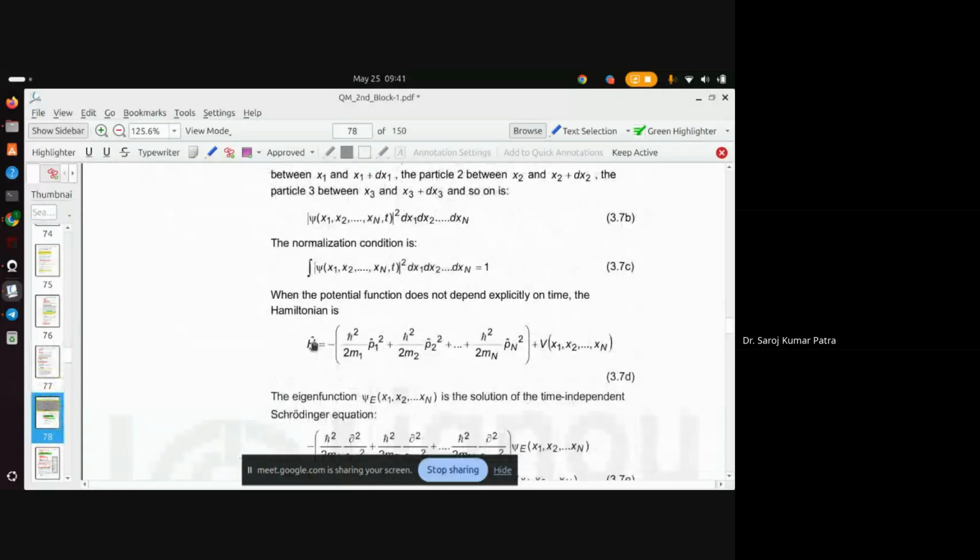So instead of minus h cross squared by 2m1 p1 squared, with minus taken common, h cross squared by 2m2 p2 squared, h cross squared by 2m3 p3 squared, going up to h cross squared by 2mn pn squared. So this is the kinetic energy part, and then the potential energy part. For the potential energy part we have to see whether they are interacting or non-interacting, what exactly is the case.